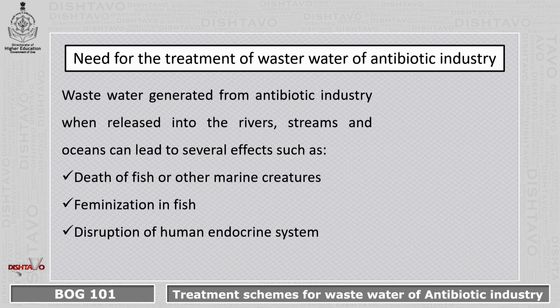Why is there a need to treat the wastewater of antibiotic industry? The wastewater generated from antibiotic industry, when released into the water bodies, can lead to several effects such as death of fish or other marine creatures due to the accumulation of chemicals.